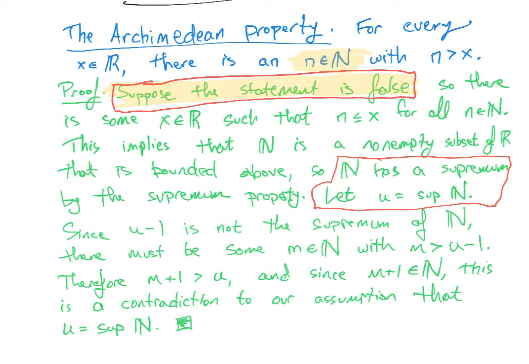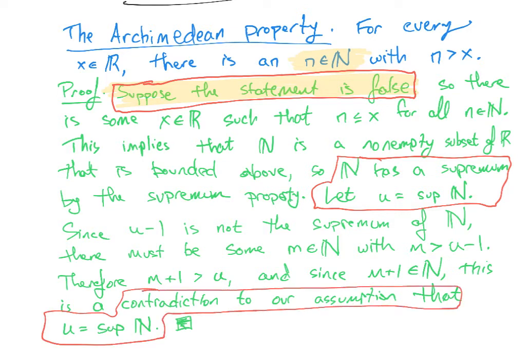Well, we contradicted that implication. The statement being false implied that there was a supremum, but then we contradicted that. And because we contradicted the implication, we've contradicted what we initially assumed, that the statement was false.